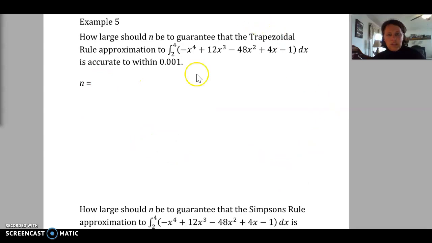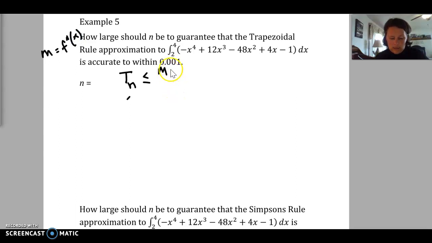So we need to use our equation for the error bound of the trapezoidal rule. So we have T sub n is less than or equal to capital M, which for the trapezoidal rule is going to be the largest value of the second derivative of f, times b minus a cubed all over 12n squared.